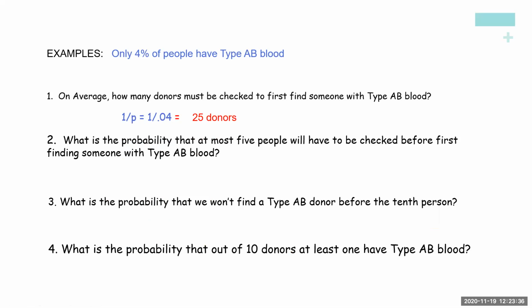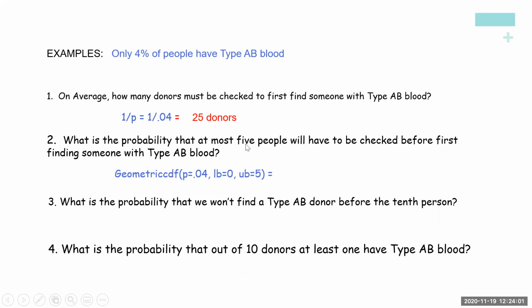So 2: what's the probability that at most 5 will have to be checked before first finding someone with type AB blood? So at most 5 means I don't have a set number of trials, so it is geometric. So you can utilize your calculator. How we must show these steps for the AP test: geometric CDF, probability is 0.04.